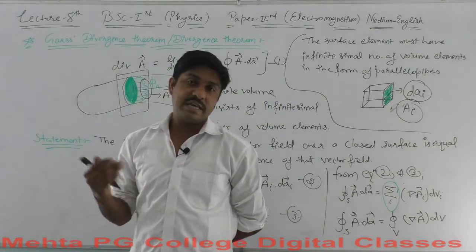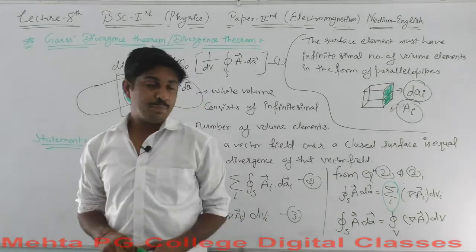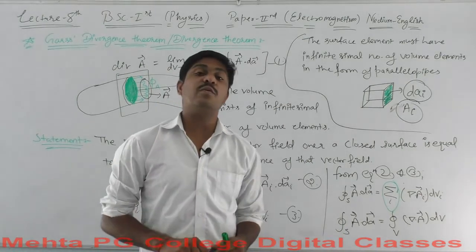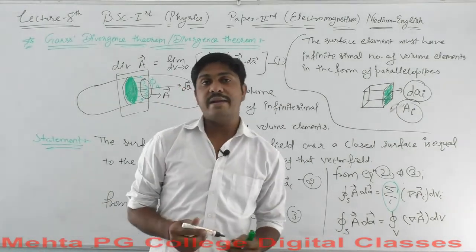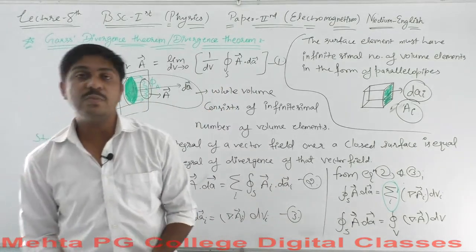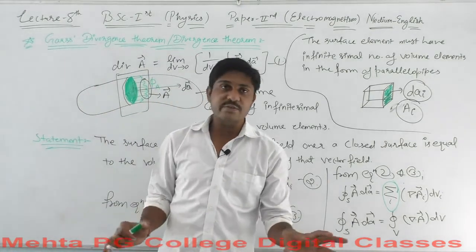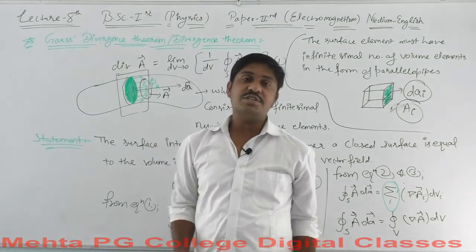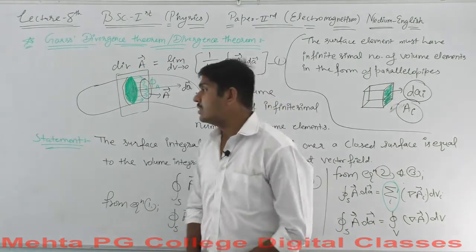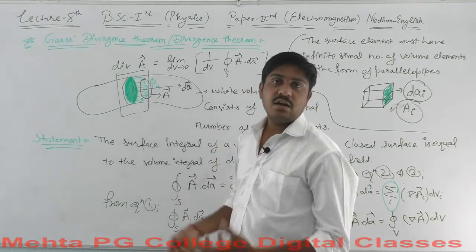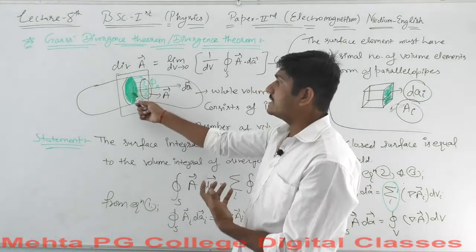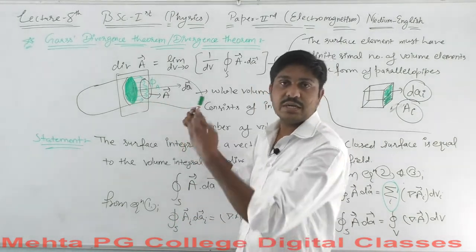Every time, a surface has a direction but a volume has no direction. dV should not be written as a vector here, because everywhere we discussed the volume element, we didn't discuss the vector or scalar nature of volume, because volume has no direction in particular. Certainly the faces of a volume have some direction. If this is a cylindrical tube, then the cross-section area has a direction, and you can specify it.